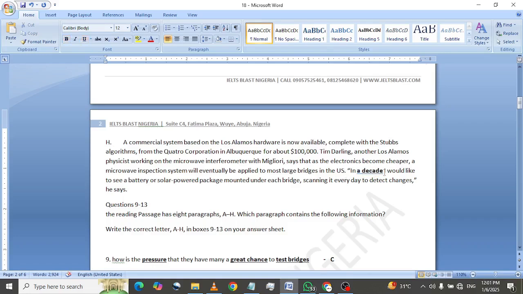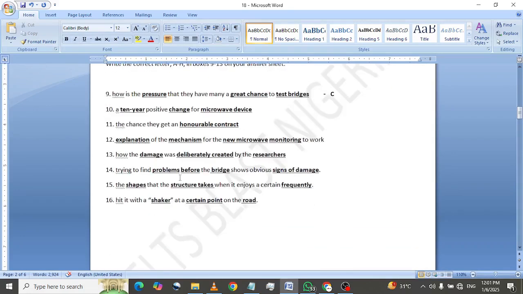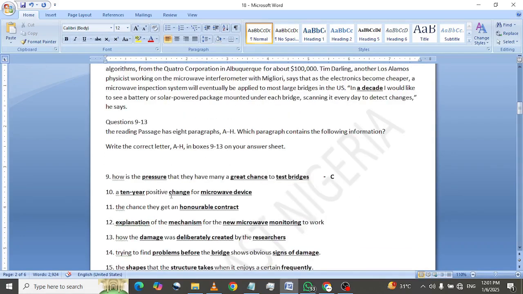In a decade, I would like to see a battery or solar power package mounted under the bridge. So you can see now that he said he would like to see. That is what is related to positive change.